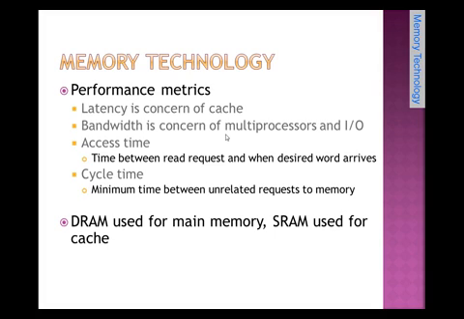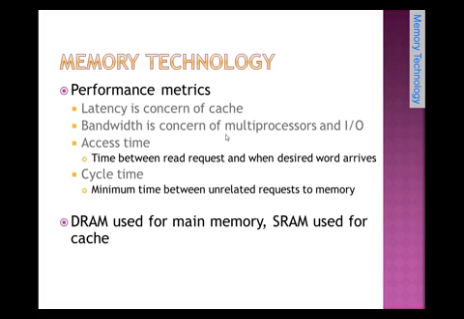Metric means measurement. First of all, latency is a concern of cache, that is, latency is mostly relevant in the cache memory. Bandwidth is a concern of multiprocessors and input/output, that is, when we are using more than one processor, bandwidth is mostly affected.